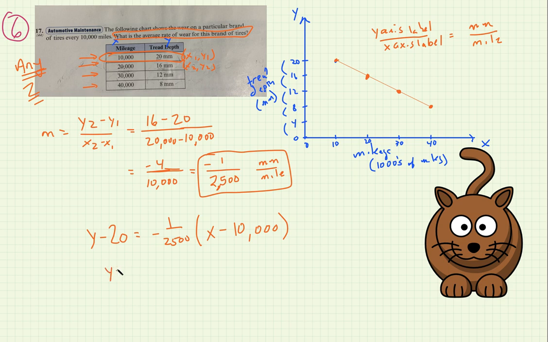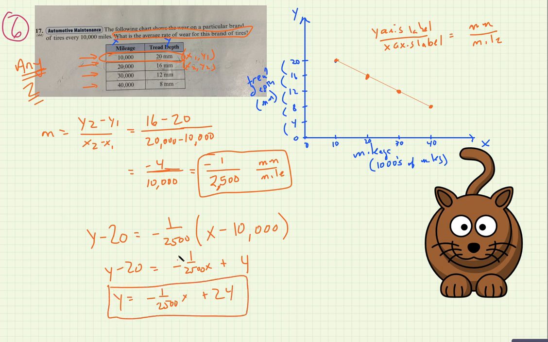And if we wanted to write that in slope-intercept form, we could do that. y minus 20 equals negative 1 over 2,500 x, negative times a positive, plus 4. And then y equals, we're going to add 20 to both sides, negative 1 over 2,500 x plus 24.